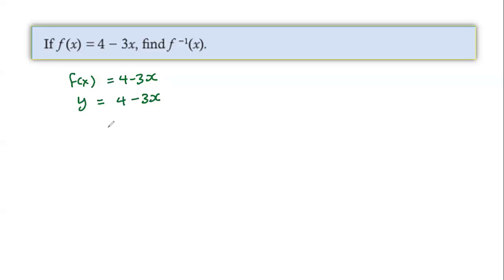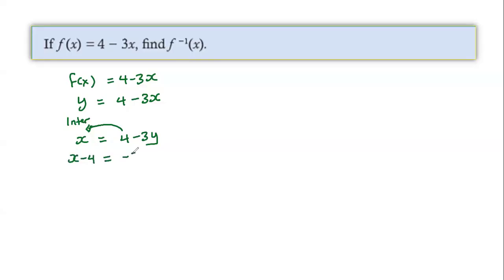I interchanged and made x the subject. X equals 4 minus 3y. And I took the 4 to the other side by adding it on both sides. By this side it is subtracting.